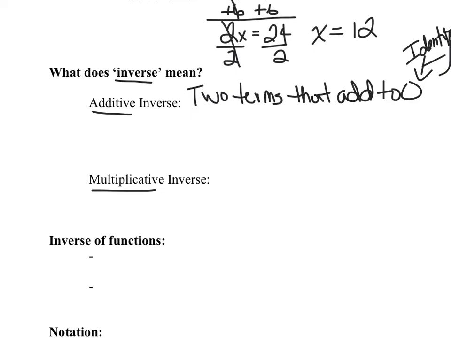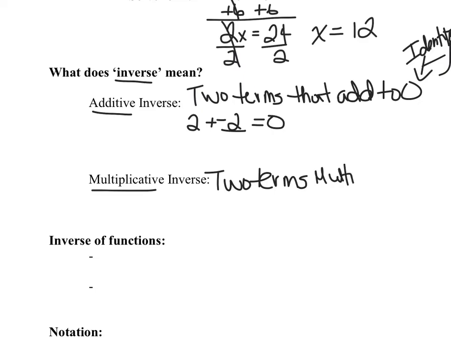So the additive inverse is like 2 plus what would give me 0? Well, that would be negative 2. Okay, so 2 and negative 2 are additive inverses. That's the basic idea behind an inverse. Multiplicative inverse is two terms multiply to 1, because 1 is the identity in multiplication.